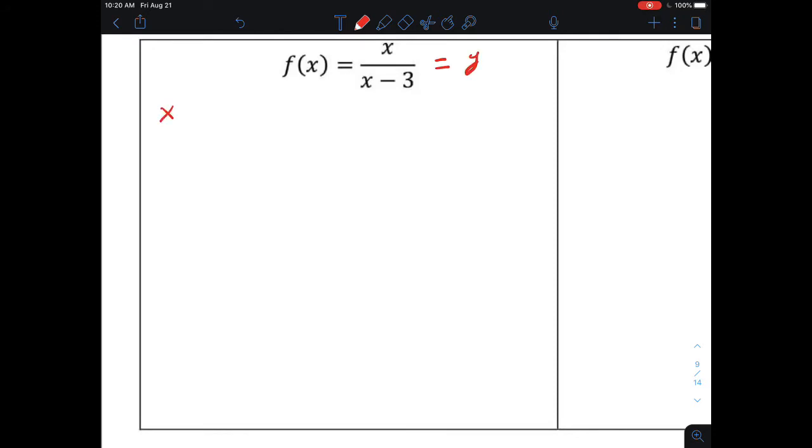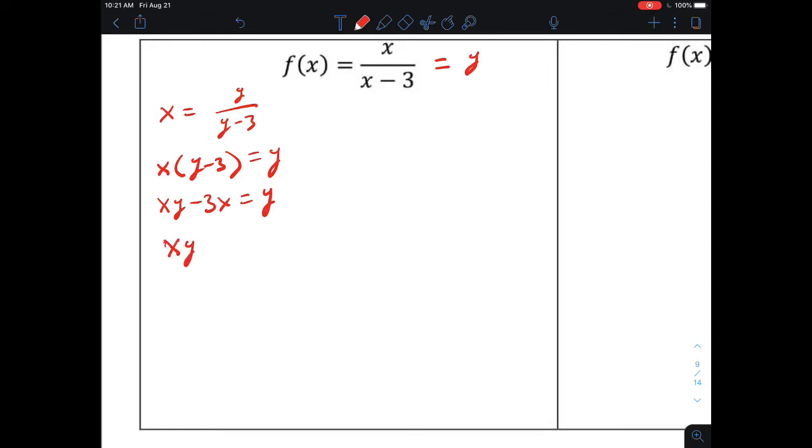So I'm going to go through the process and swap my x's and y's and do the rewrite. And then I would need to multiply the denominator over. And for this one, we would have to distribute the x. And then get our y's on the same side.